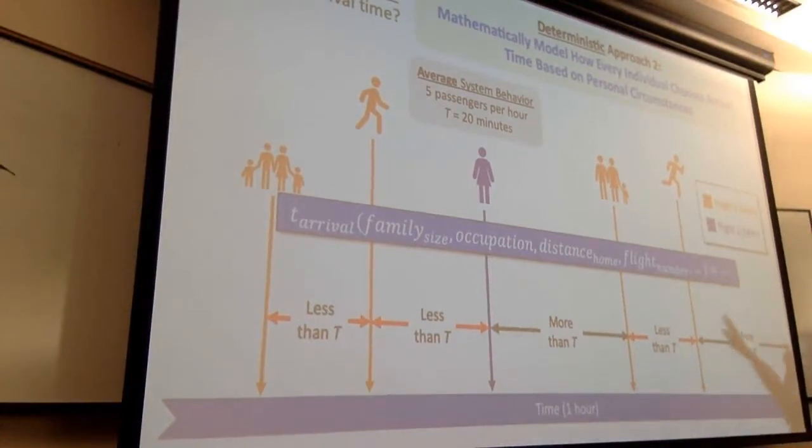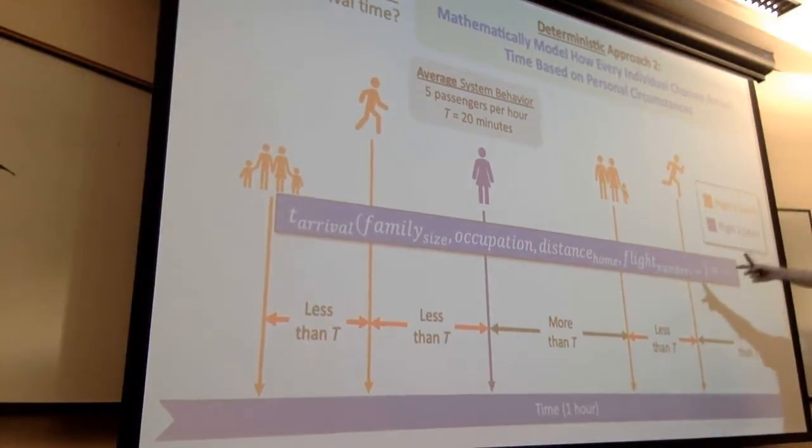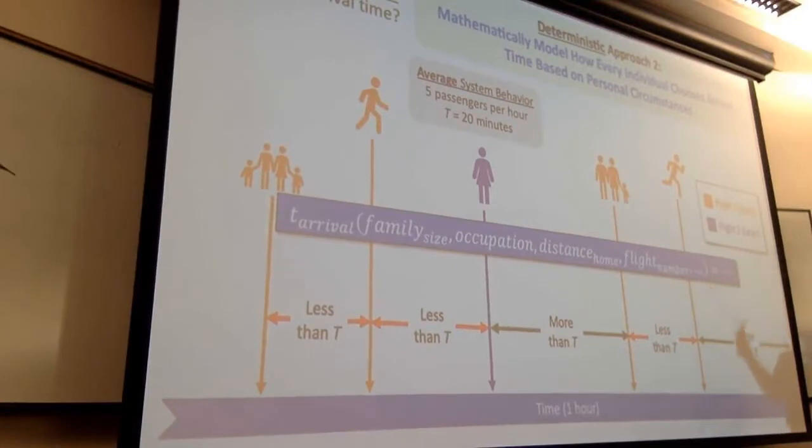But you can imagine it would be very difficult to come up with a deterministic rule that captures all the nuances of every single person that would arrive at an airport. It's impossible. Well, I mean, it might be possible, but it is totally impractical. Nobody's ever going to be able to do that.